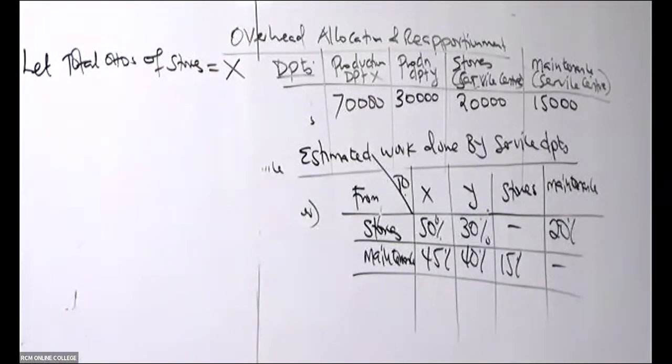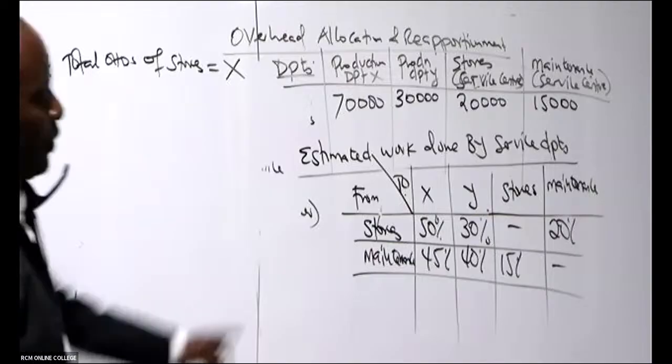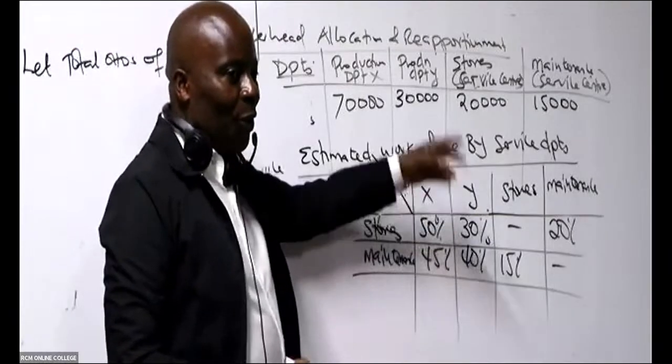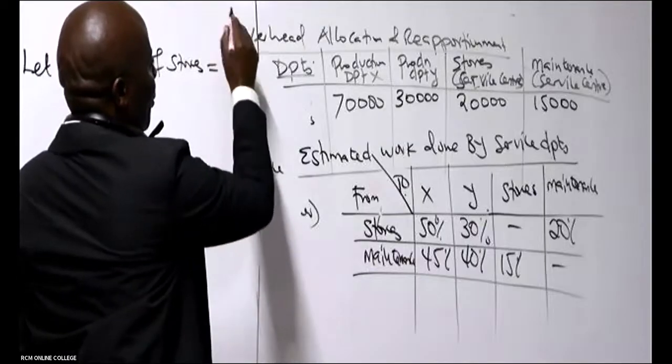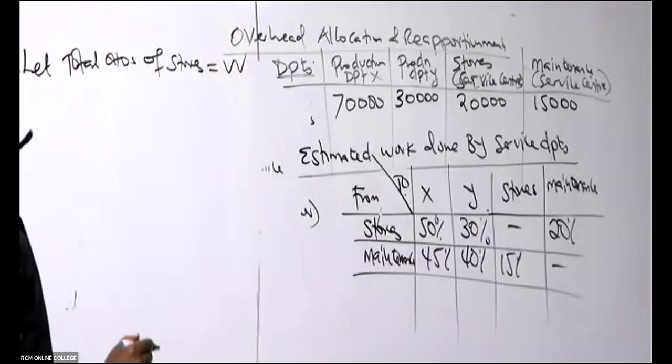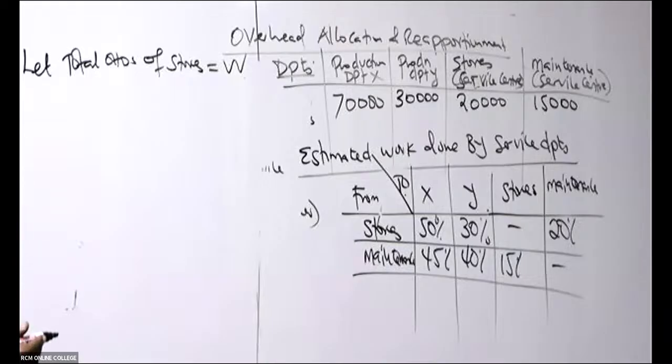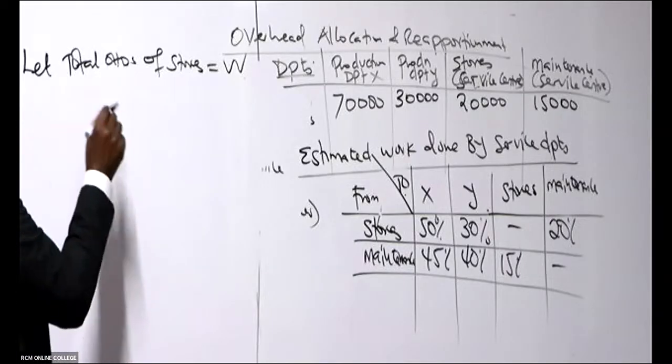To be equal to X? No, that will not be very good because already we have X and Y. Let's use W and Z, or whichever letters are not there. All right, so let the total overheads of stores be W.